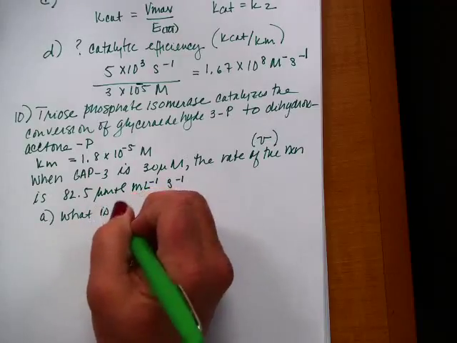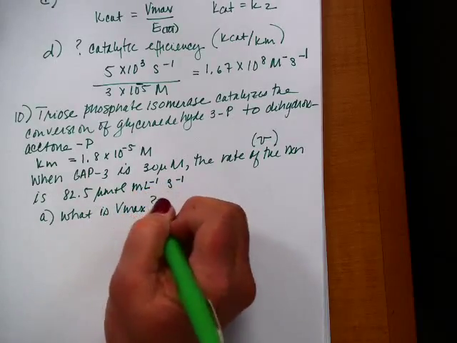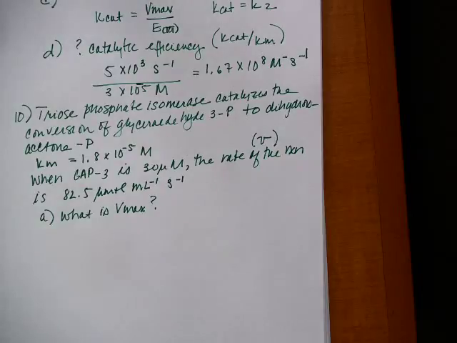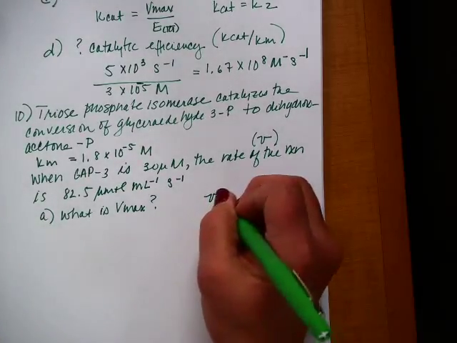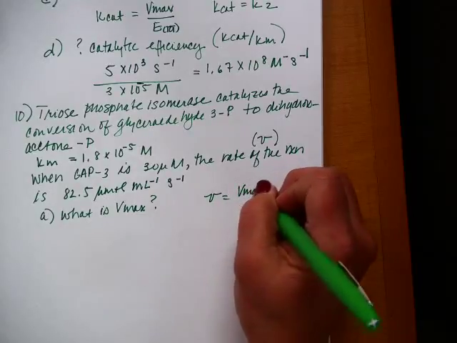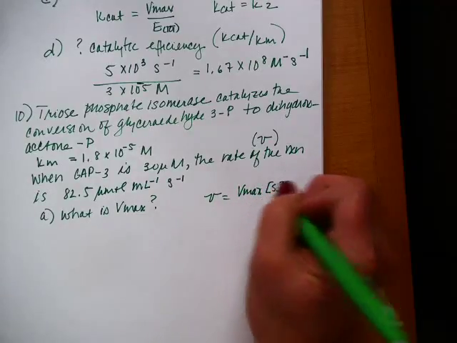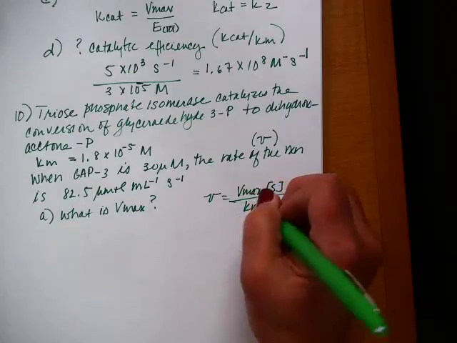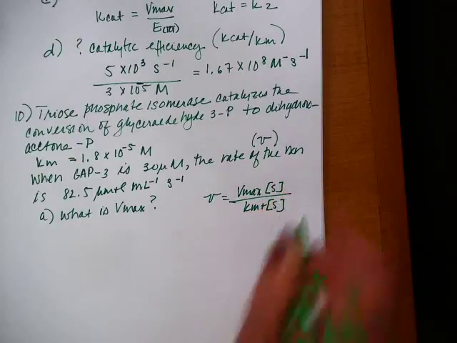So what is Vmax? That means we need to use the Michaelis-Menten equation, where velocity equals Vmax times substrate concentration divided by Km plus substrate concentration.